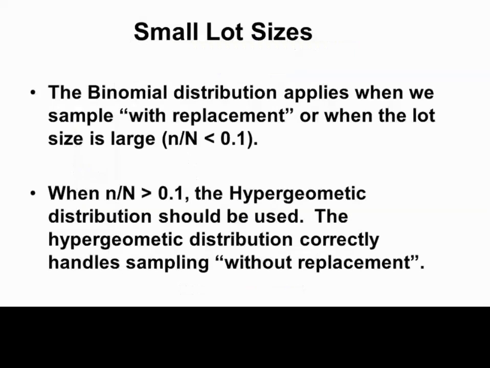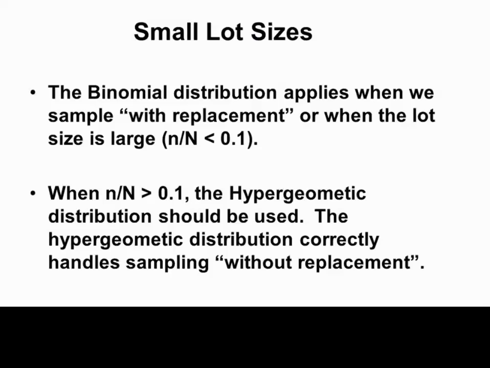Now, keep in mind that what I just went through using the binomial distribution only applies when we're doing what we call sampling with replacement, which is assumed to hold when the ratio of sample size to lot size is less than 10%. Sampling with replacement means that when you find a defect, it doesn't change the underlying chance that you'll find another defect.